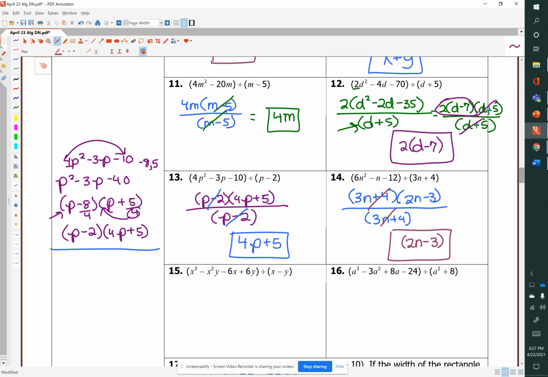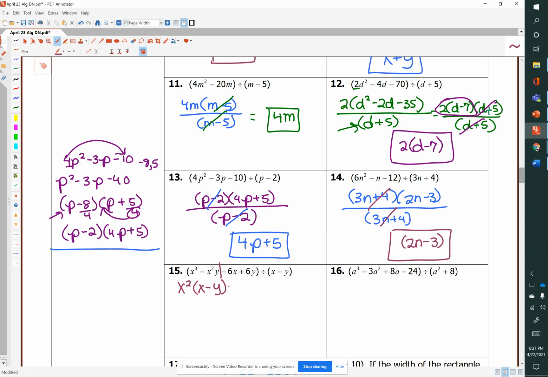Okay, number 15, we're going to factor by grouping. So start right here. We can pull an x squared and be left with x minus y.